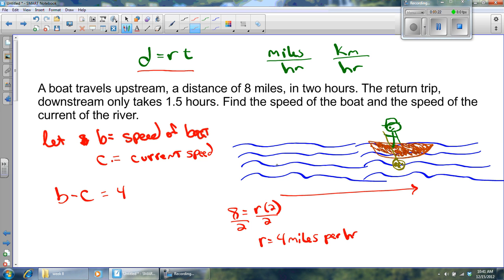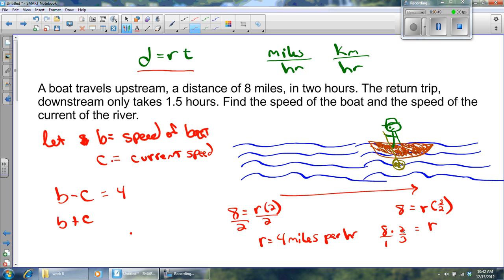Now, the journey downriver is going to be B plus C because the current is pushing the boat along, so it's going to take less time. All right, 8 equals R times 1.5 or 3 over 2. So I'm going to solve. I'm going to get 8 times 2/3, and that's not going to come out very pretty, but that's okay.